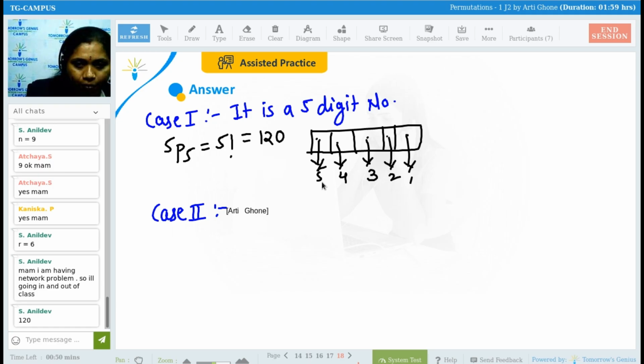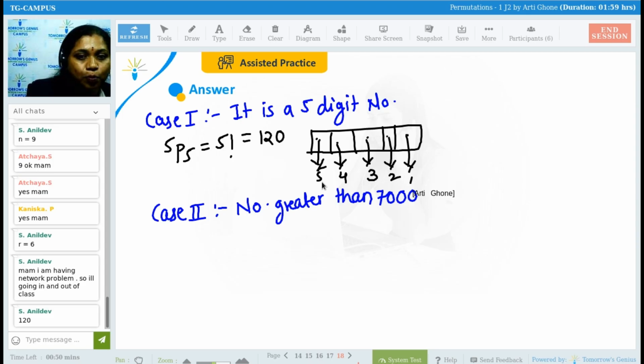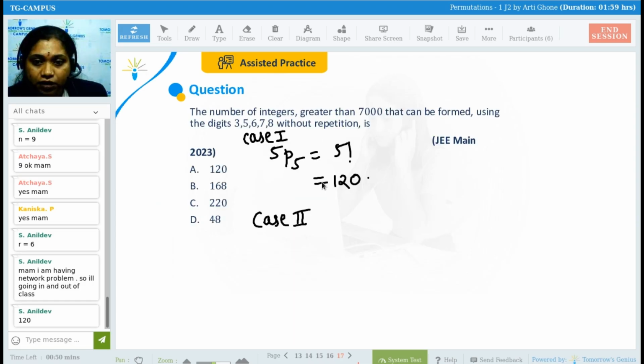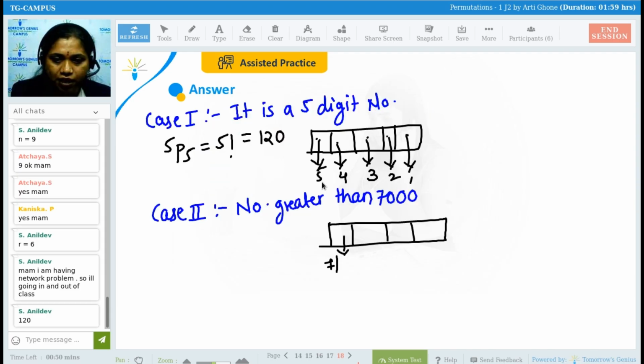I want a number greater than 7,000. What is the consideration in a box method? 7,000 is a 4-digit number. So I just made the first option can be filled with either 7 or 8.